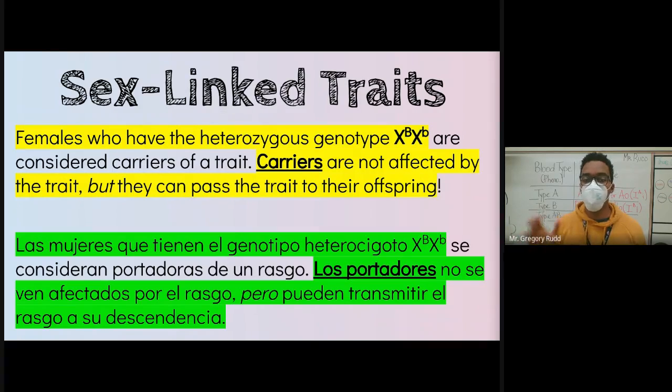You need to have two lowercase b's. That's the only way to get these recessive traits. So they don't actually have the trait. They're not affected by it, but they can pass it on to their offspring. So we call them carriers.